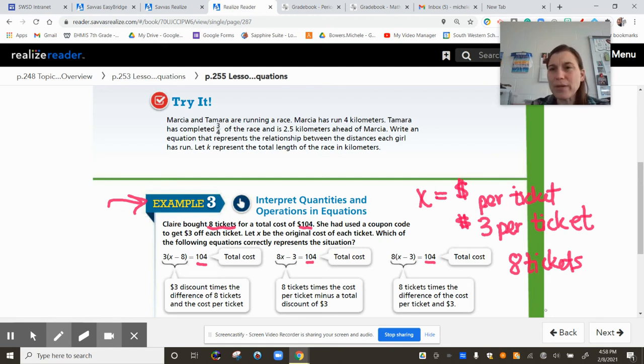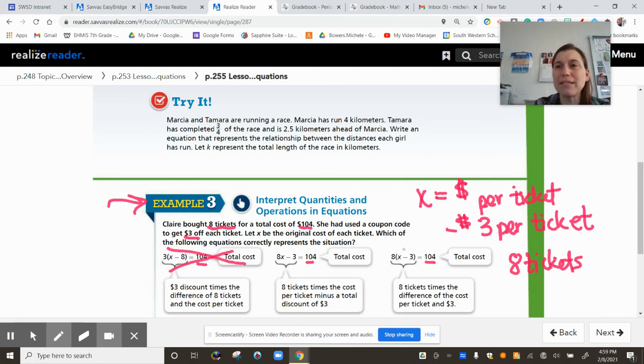So why isn't that a choice? Well, because remember, she has to take away $3 per ticket because it's coming off. So I need to look for the one where there's taking $3 off each ticket and then multiplying it by 8. So I know it's not this one because this one has me subtracting money minus tickets. And that's not going to work, so it can't be this one.